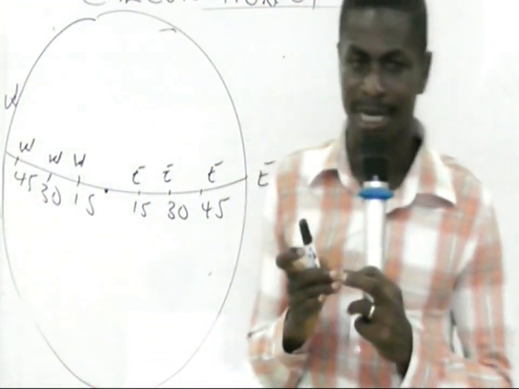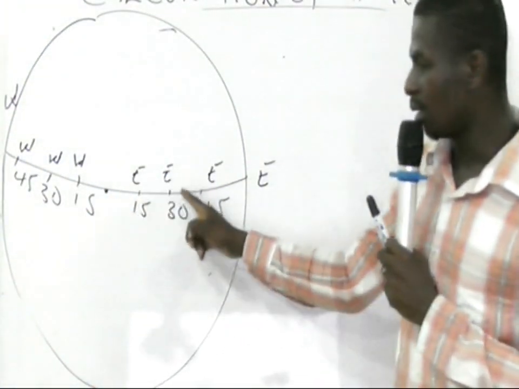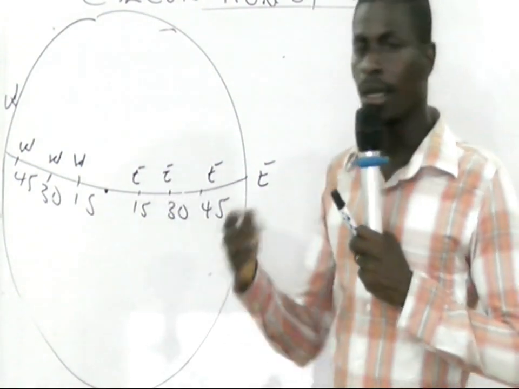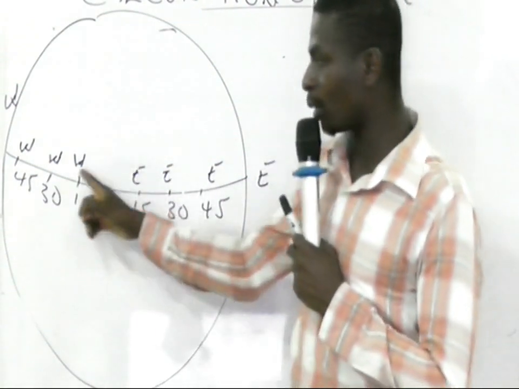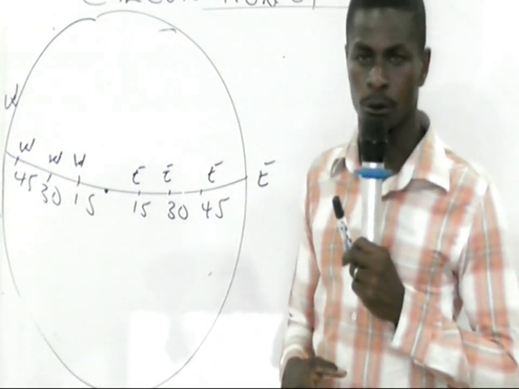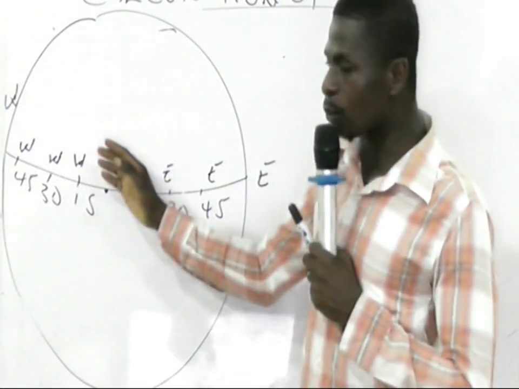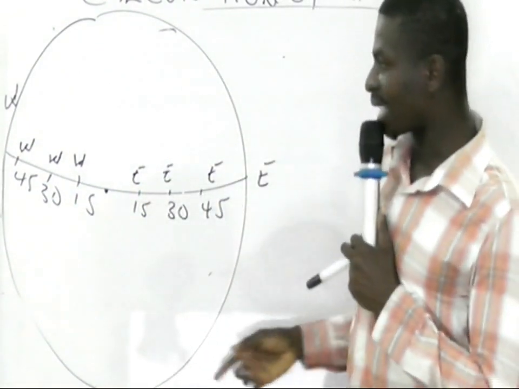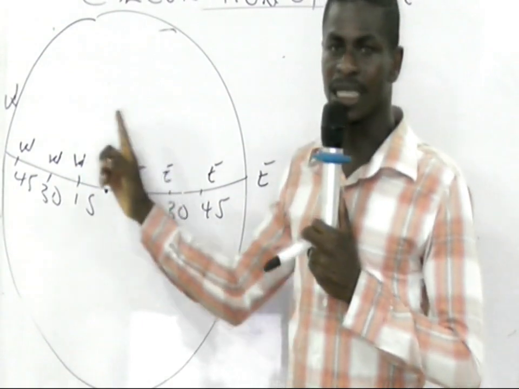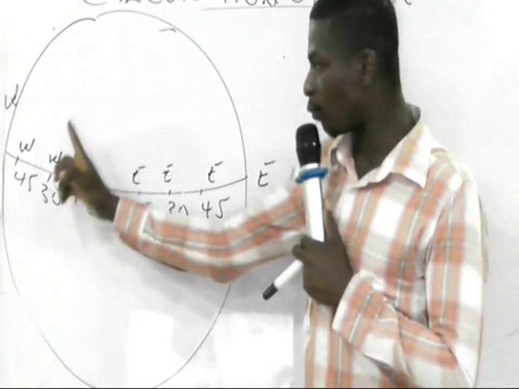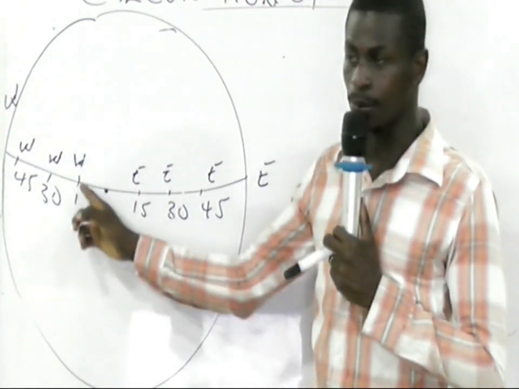Whenever you are calculating east-east, it means that you are calculating time in the same zone. And if you are calculating west-west, it also means that you are calculating time in the same zone. But if you are calculating west-east, it means that you are calculating time in different zones. So we have west and east, so they are not the same.